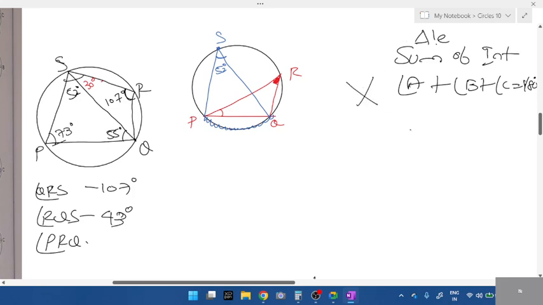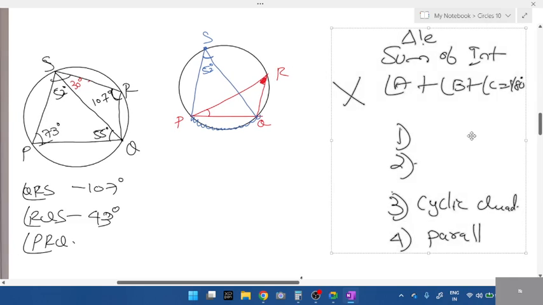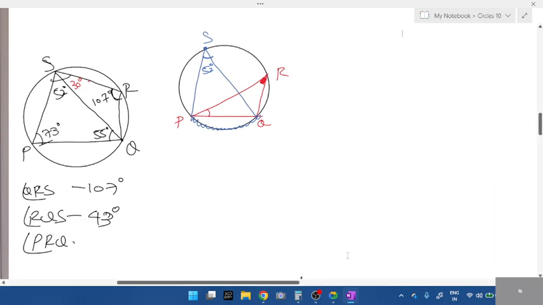Next, on the same triangle, check whether you can apply the first theorem or the second theorem. If not, try cyclic quadrilateral. That is the fourth option. If not that, use the parallel line concept. Even sometimes through parallel lines you get it. We'll do such questions. Is this clear? Shall we move on to the next one?